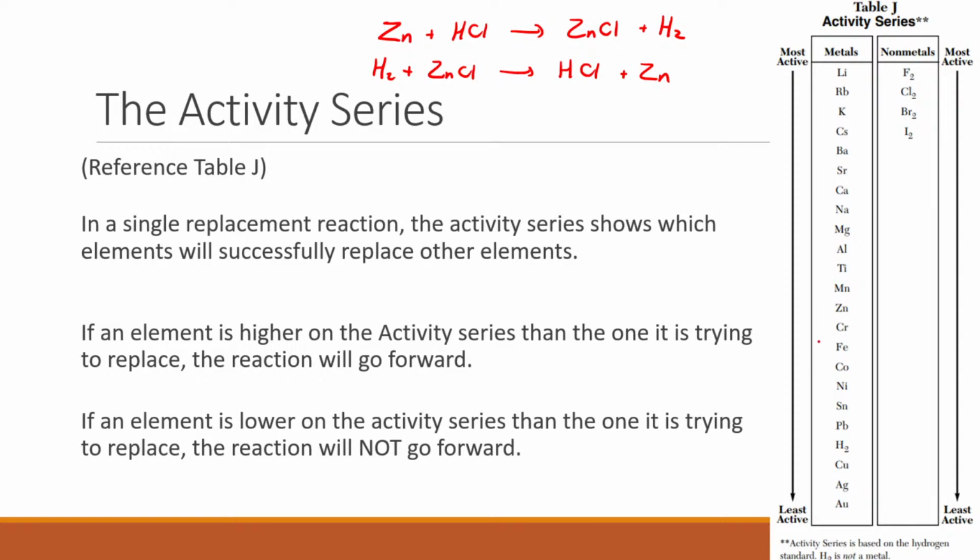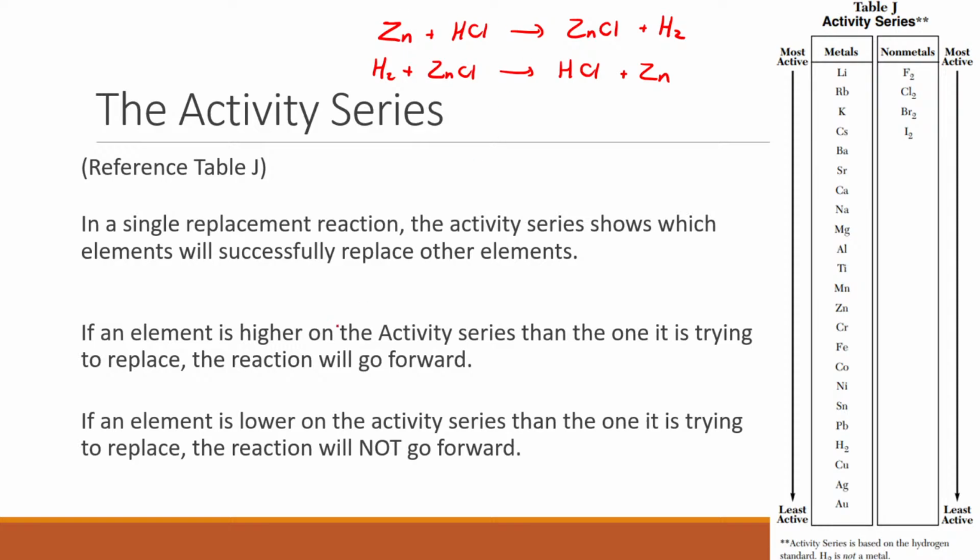And what this means is that elements that are more active, higher up on the activity series, are better at replacing other elements. Lithium will replace any element that is below it on the activity series. Aluminum will replace any element below it. Lead will replace any element that's below it.